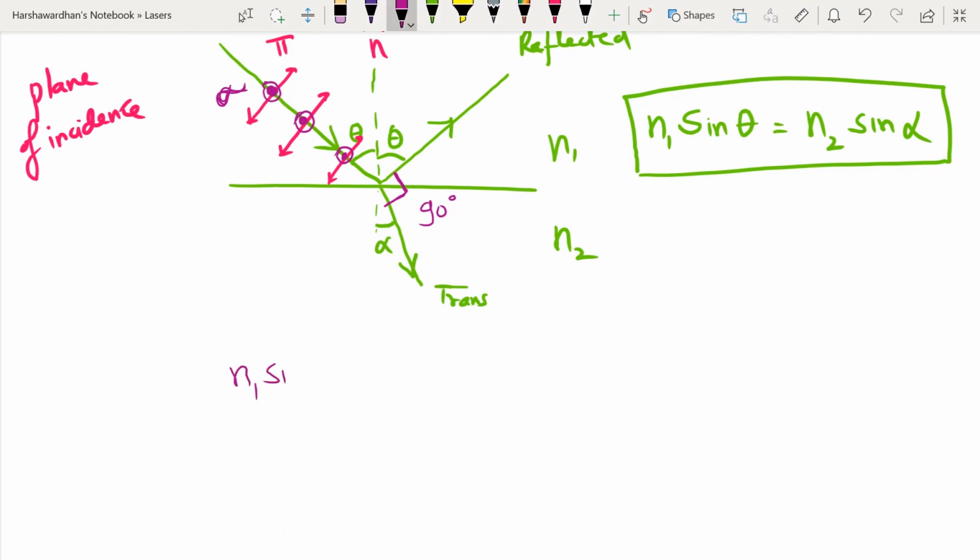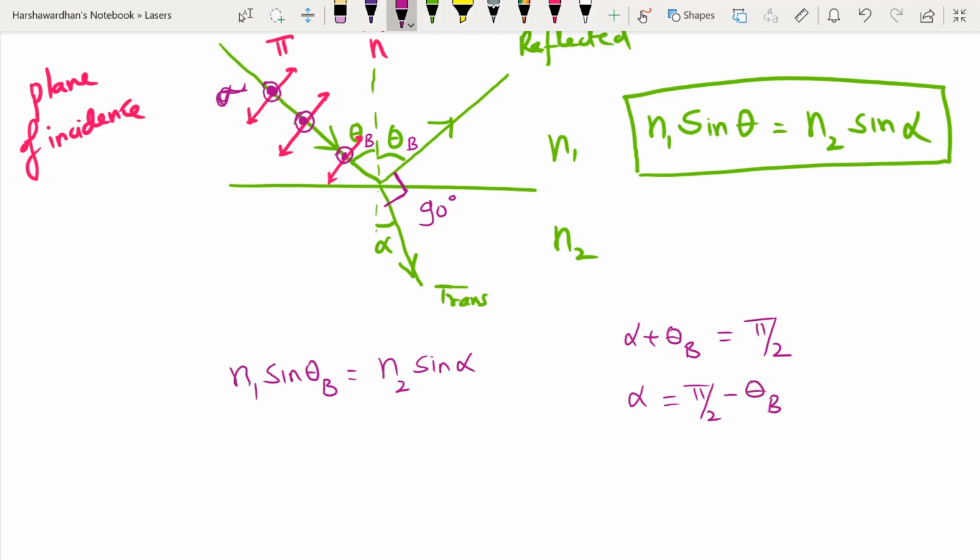N1 sine theta Brewster equal to N2 sine alpha, but it so happens that alpha plus theta Brewster is equal to pi by 2, right? So I can write down my alpha as pi by 2 minus theta Brewster.